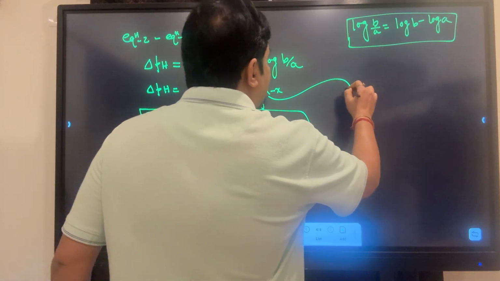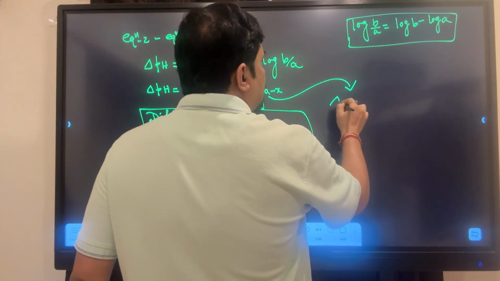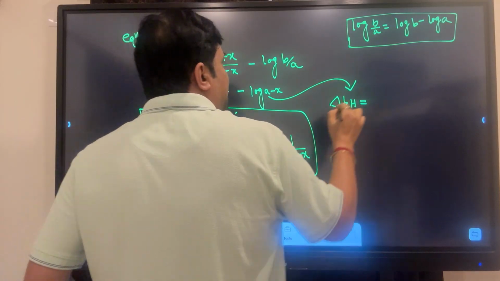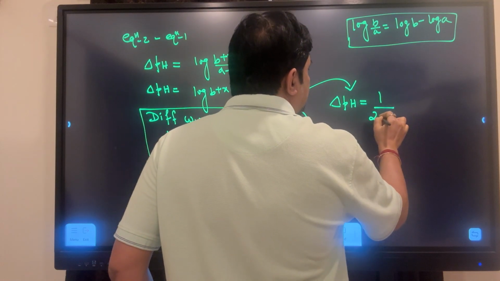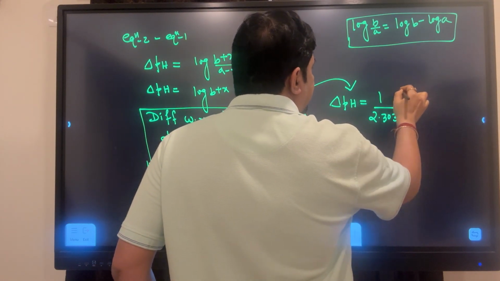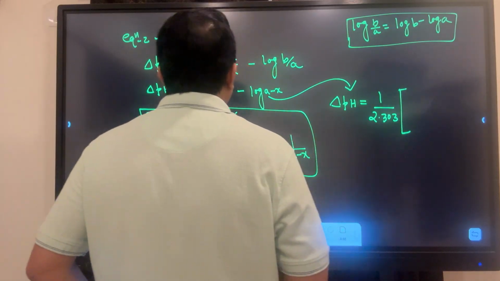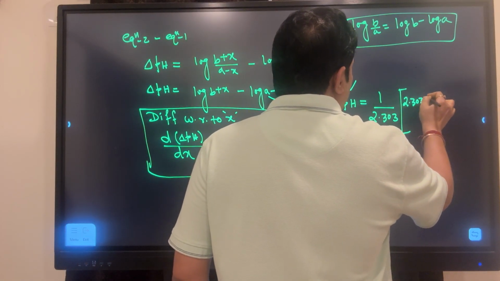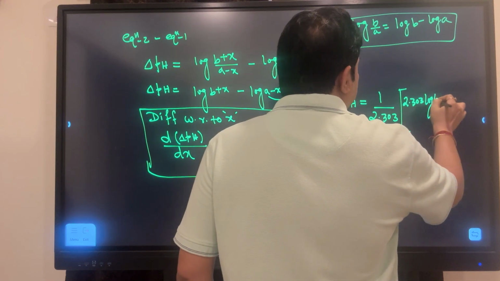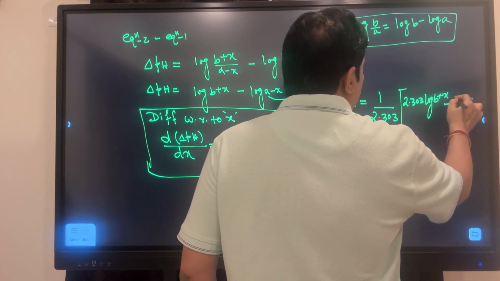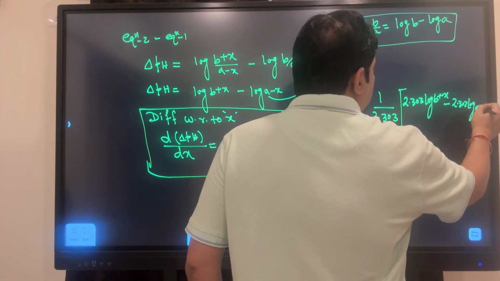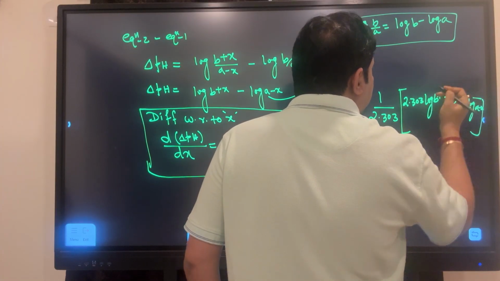Delta pH will be equal to 1 by 2.303, multiplied by 2.303 of log of (B plus X) minus 2.303 of log of (A minus X). That means we are getting this one.